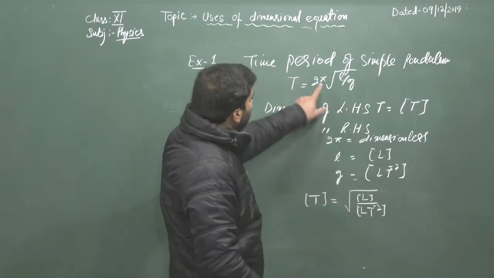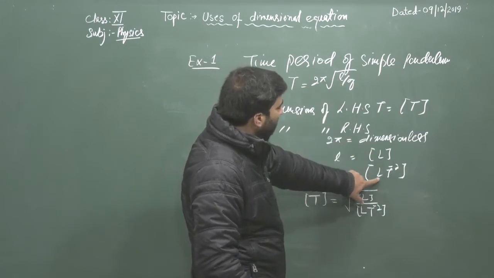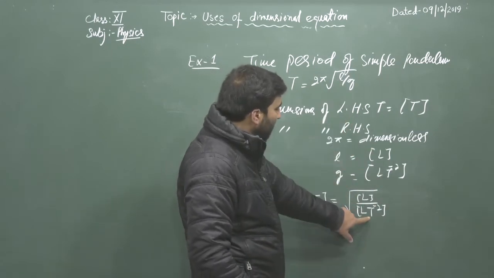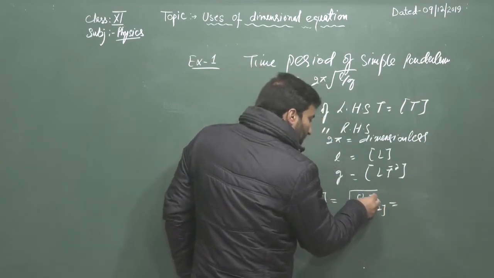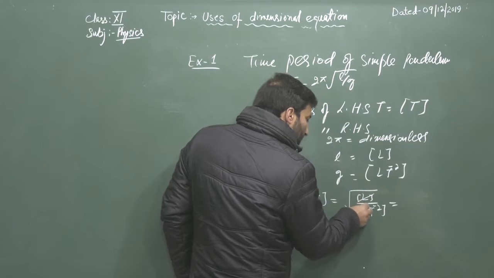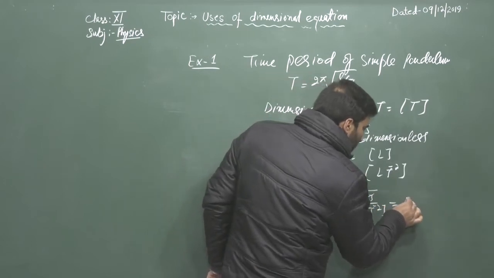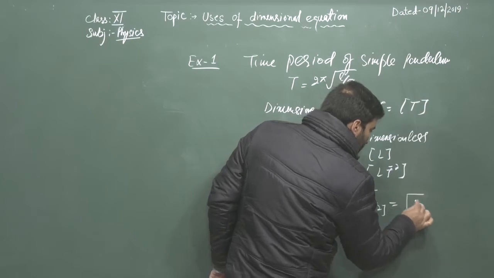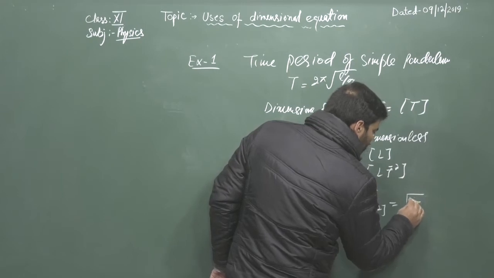We have used the dimensions of L and the dimensions of acceleration due to gravity. The dimensions of L and L will cancel, so we are left with T.